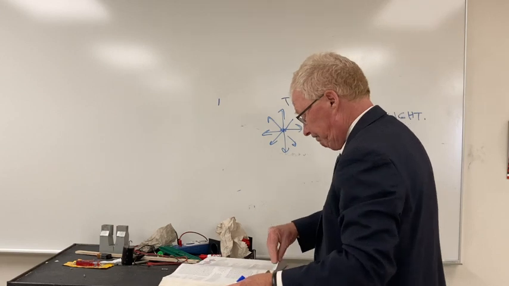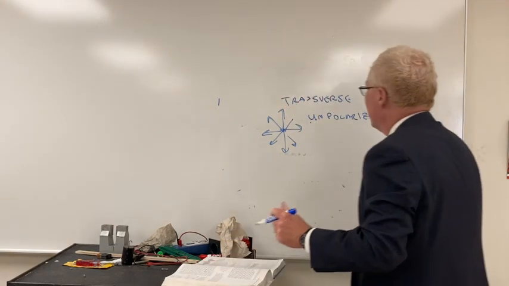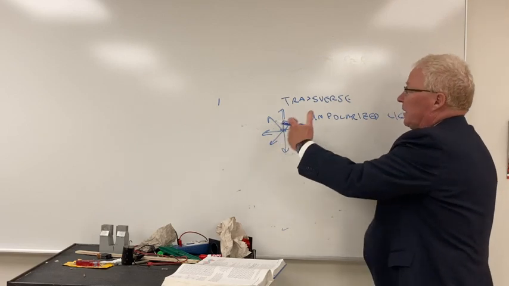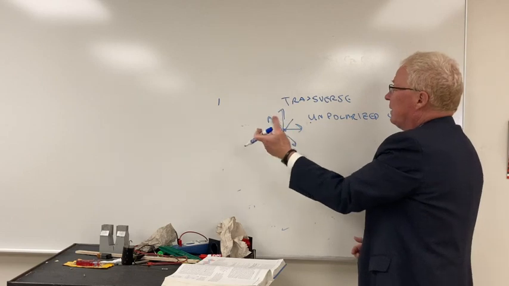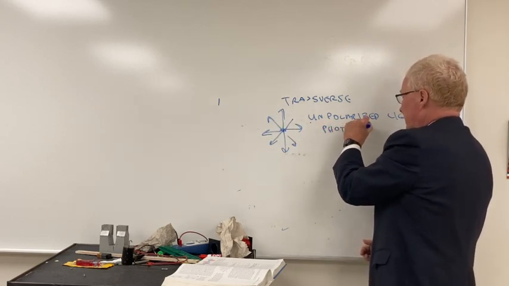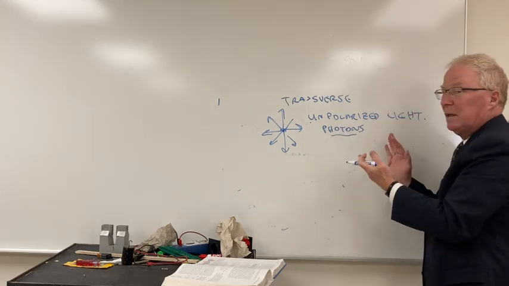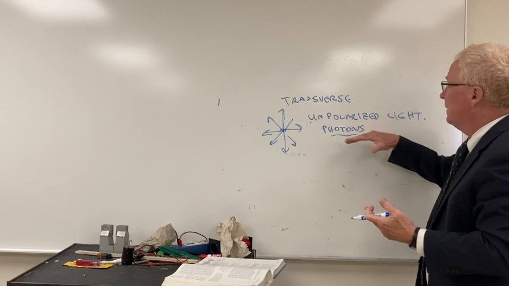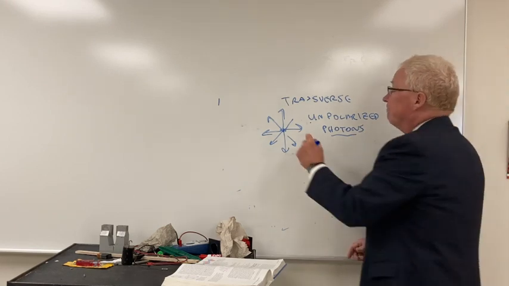From there, that's what we call unpolarized. As it's coming towards you, it's actually many different light photons. Light is made up of individual photons, and that's part of what we'll talk about when we get into the properties of the nucleus and things like that.